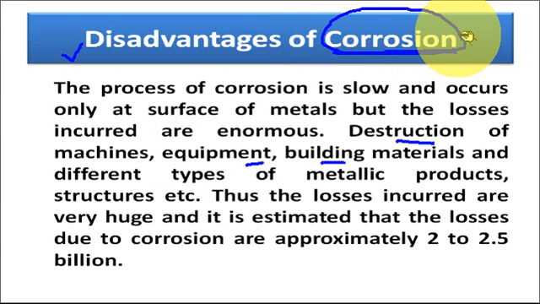So many kinds of disadvantages we have due to the corrosion reaction, and these all disadvantages result in economic loss. The losses incurred are very huge and it is estimated that the losses due to corrosion are approximately 2 to 2.5 billion per year worldwide. So it is a great loss.